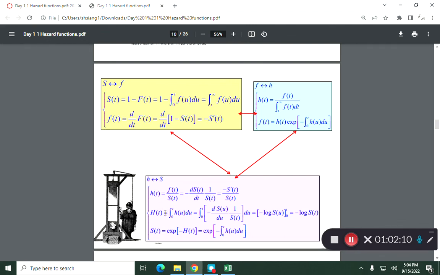Given you survive at age 30, then you can talk about, oh, now I have a failure happening at 30. And since 1 over S(t) stays here, and f(t), we already said, is the negative derivative of your S(t), this whole thing will turn into this. So the hazard function is the negative survival rate versus S(t). Everybody sees that?